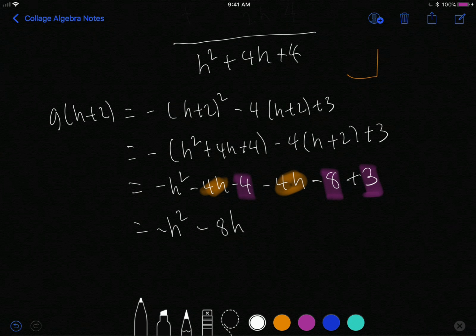And those combine to give me 4 minus 8 is negative 12. Negative 12 plus 3 is negative 9. I hope. Yeah. And that, my friends, is g of h plus 2. Notice I get another squared term, but there are no more x's, there are only h's.